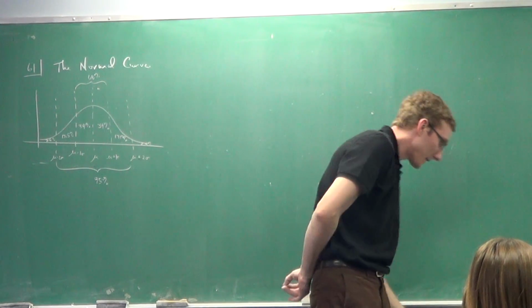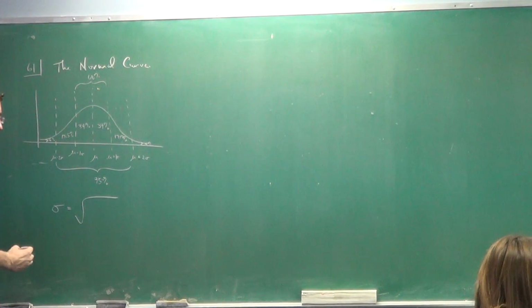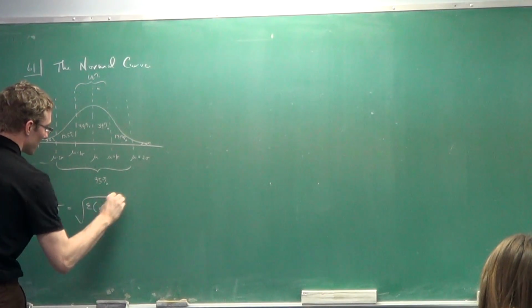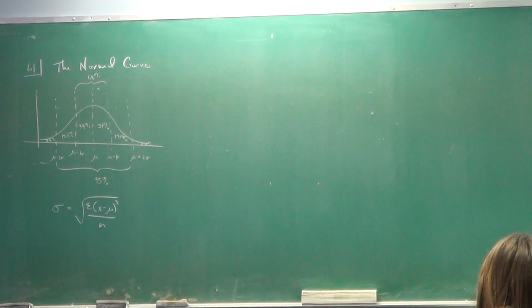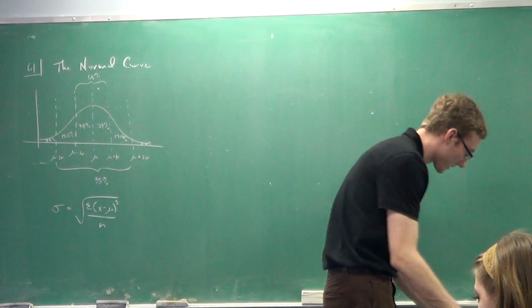Now, how do you compute a standard deviation? Remember we did this last time? The standard deviation is the square root of the sum of each number minus the mean, squared, over the number of numbers. Let's do another standard deviation calculation just to get familiar with it, because we went through it once yesterday. Let's do it again, it'll get us familiar.